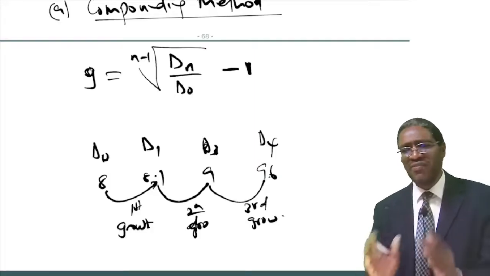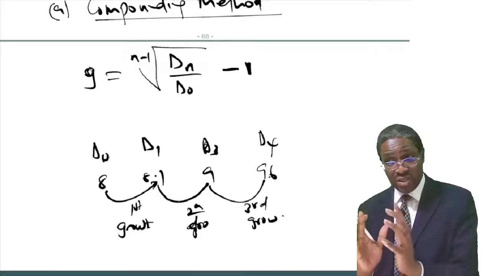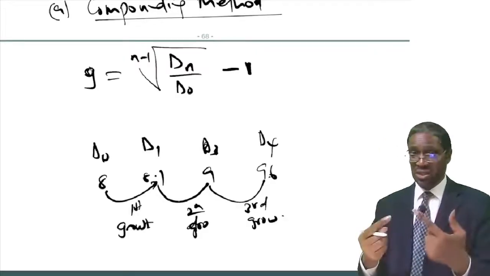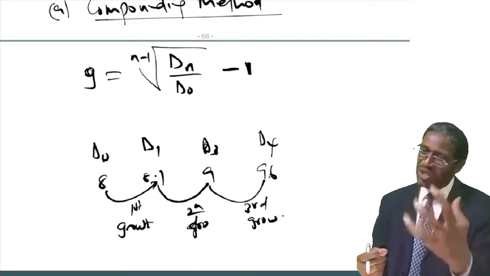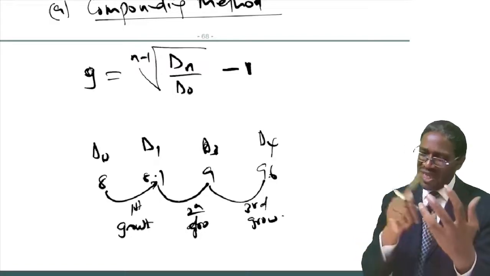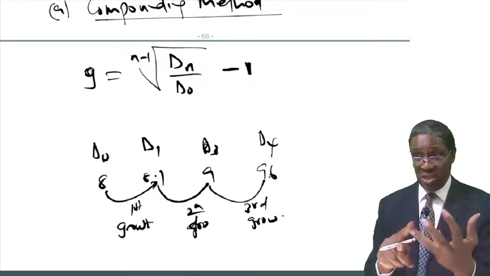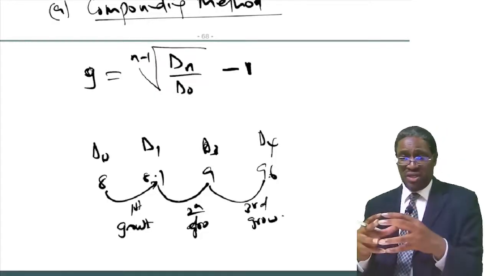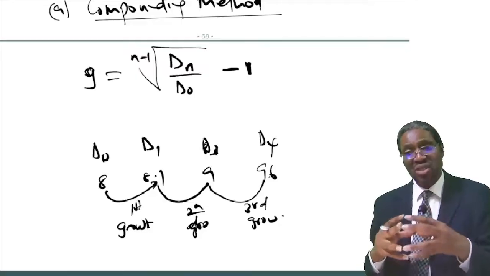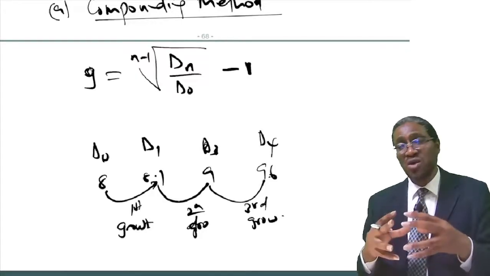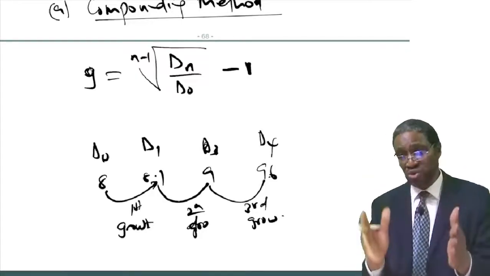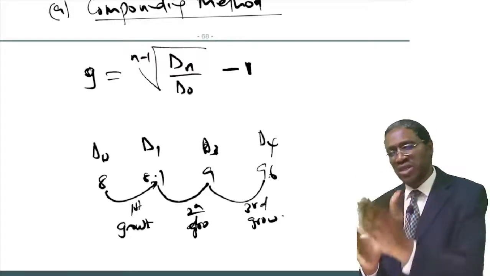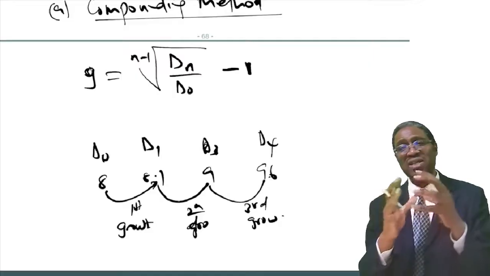So though the dividends were paid for 4 years, the dividends grew only 3 times. That's why in the formula it is N minus 1, so that you get how many growths there were. From year 1 to year 2, that was the first growth; year 2 to year 3, the second; the third year to the fourth year, the third growth.